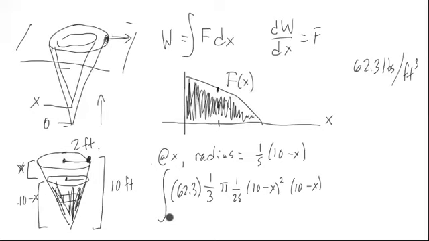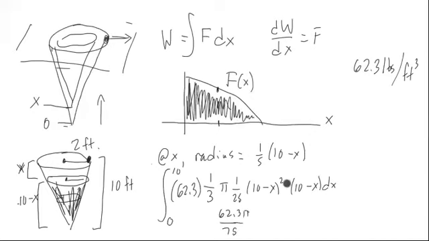As the position goes from 0 up until 10, so 0 at the bottom, 0 to 10, this integral right here should be able to compute the work, with a little dx there, as we go along. Let's get some specs. This is 62.3 over 75 pi. I'm just taking the constants out.